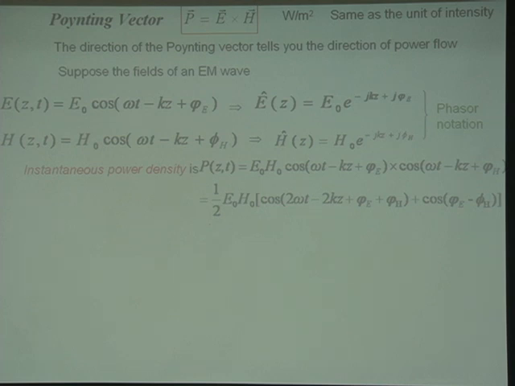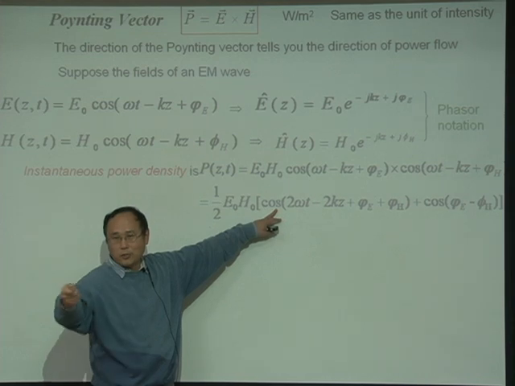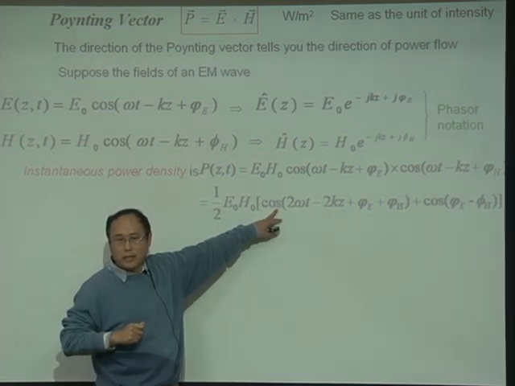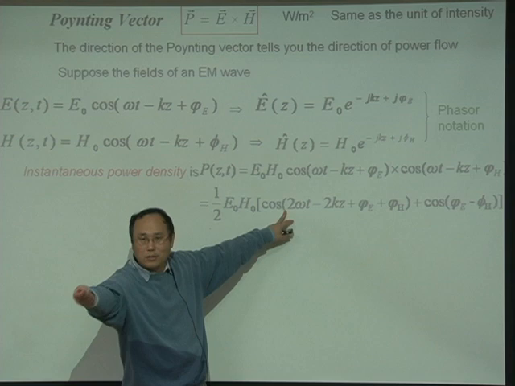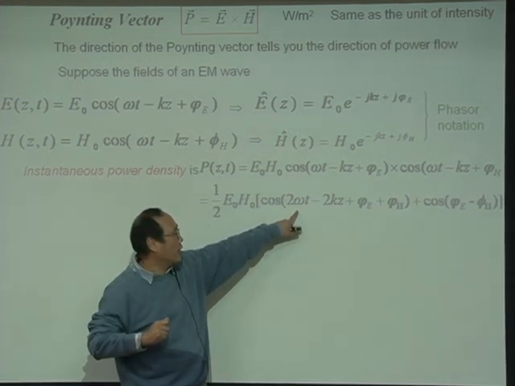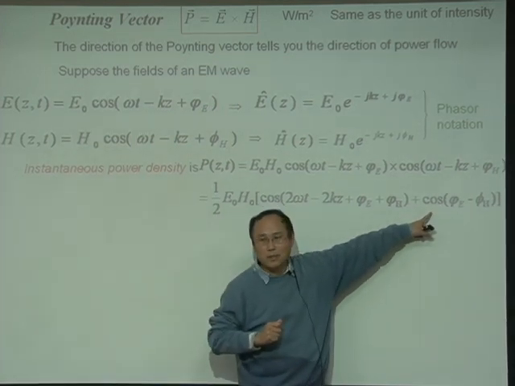So this power oscillates up and down. For this term, I give you some energy, but I'm going to take it back in the next cycle of time. So for this term, we owe each other nothing, right? I give it to you and take it back, give it to you and take it back. So actually I don't care about this term. What I care about is this term.